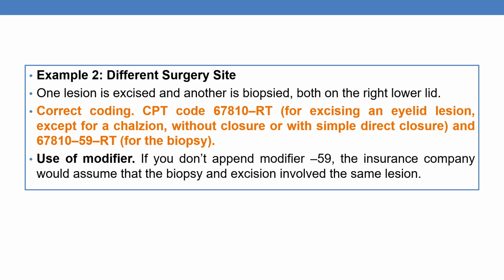So here you code 2 units of 67810 and for the second unit you will append 59 modifier. If you do not append 59 modifier, the insurance company would assume that biopsy and excision involve the same lesion. So to differentiate, you append 59 modifier for 67810.